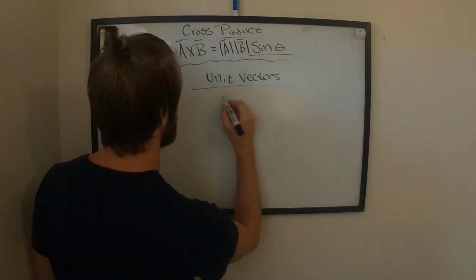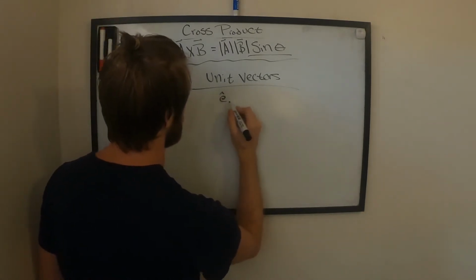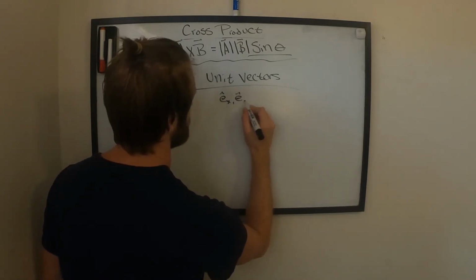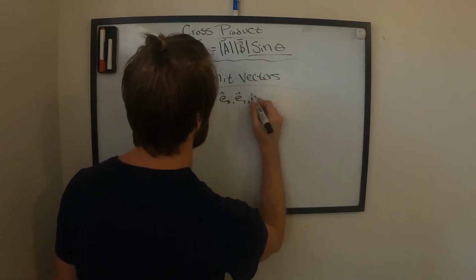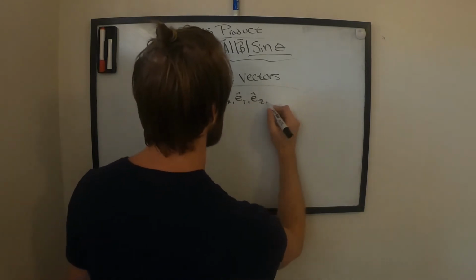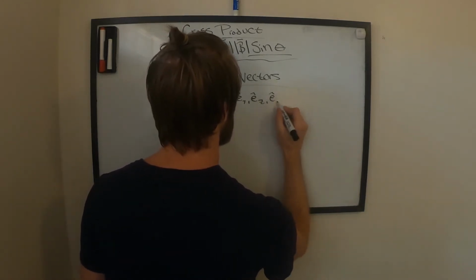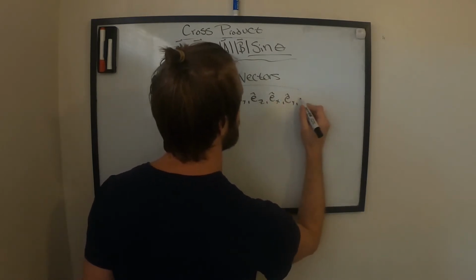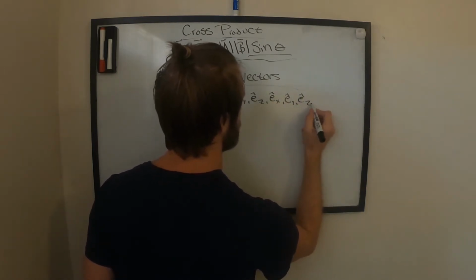What I mean by that is take e hat sub x, e hat sub y, e hat sub z, e hat sub x, e hat sub y, e hat sub z.